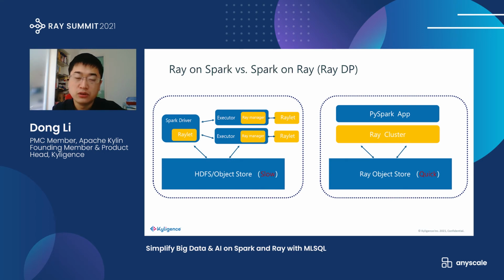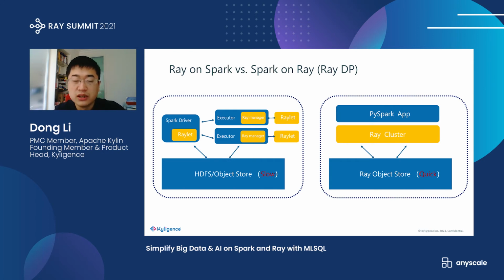Therefore, for example, all the Python libraries should be installed on each Spark node. This might become a disaster for maintenance in the production environment, especially in cases where multiple Python versions and customization are required. Yeah.